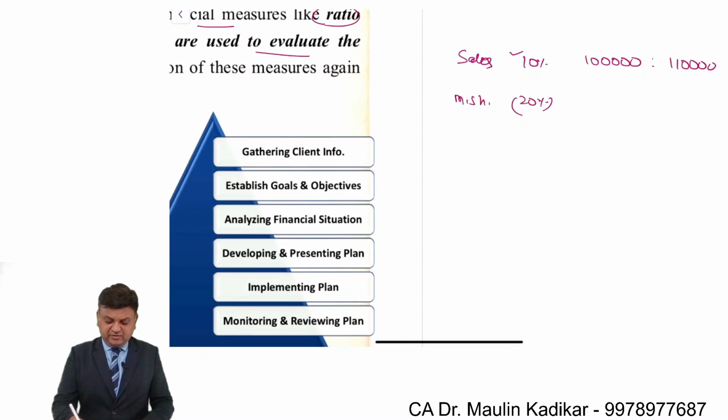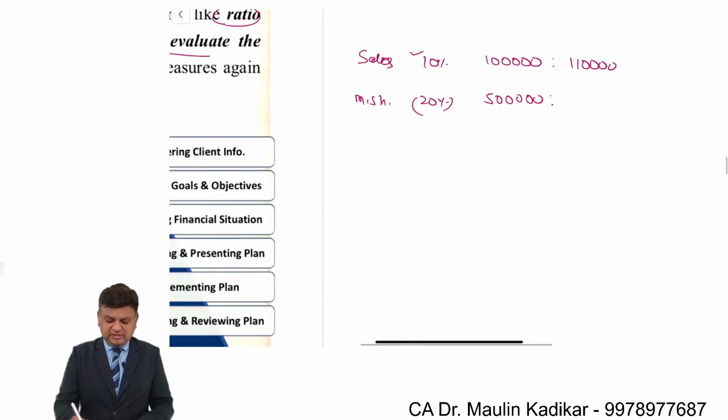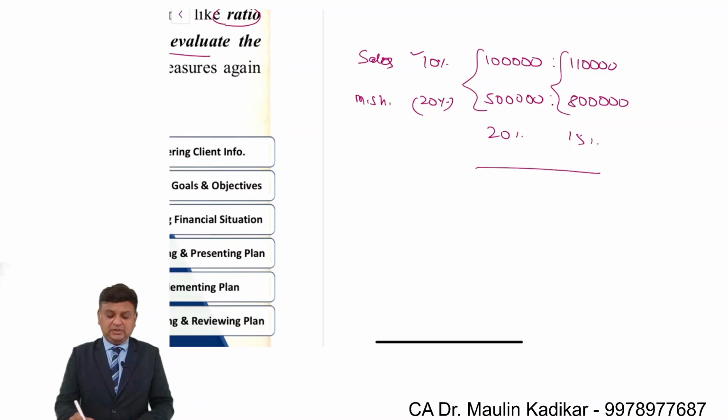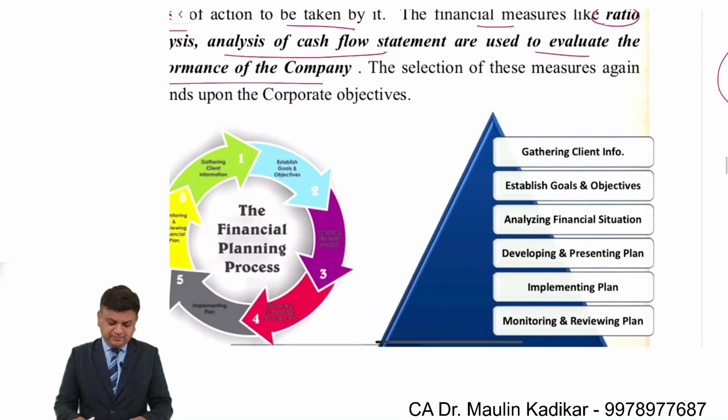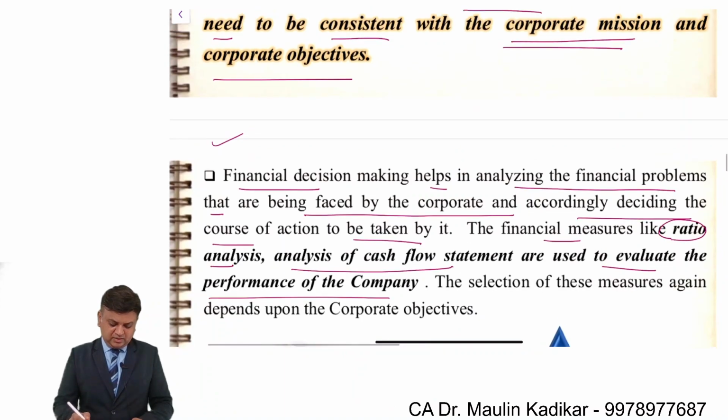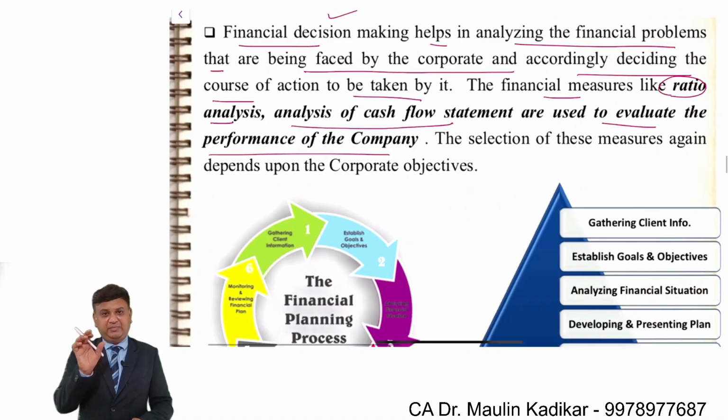However, earlier the market was of 5 lakhs and the market has, just taking a figure, increased to 8 lakhs. So earlier you were having the 20% market share. Now you are having, let us say, the 15% market share. This is not a good sign. That is what we understand. These things are included over here in the financial measurement.